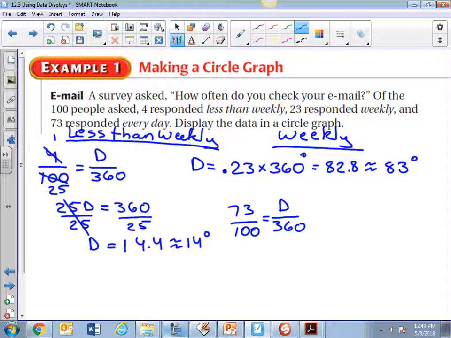So if I were to cross multiply that, I have 73 times 360, and then 100 times d. Okay, divide by 100 on both sides, and you should be able to solve the problem. All right, you could even simplify it before you multiply. That would actually work too. All right, so go ahead and do that once, see what you get.